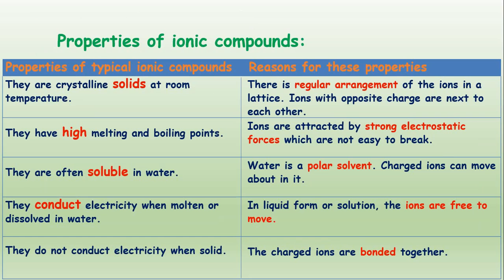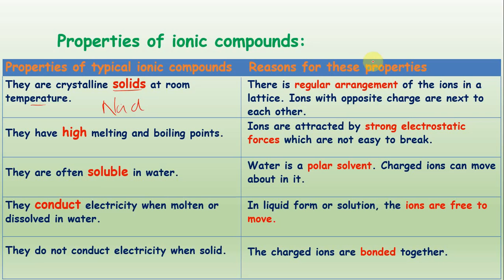Now what are the different properties of the ionic bonds? Number one, as I have told you, due to their positive and negative charge, strong attraction, they are crystalline solids at room temperature. Like NaCl, table salt, is a salt in a solid state.